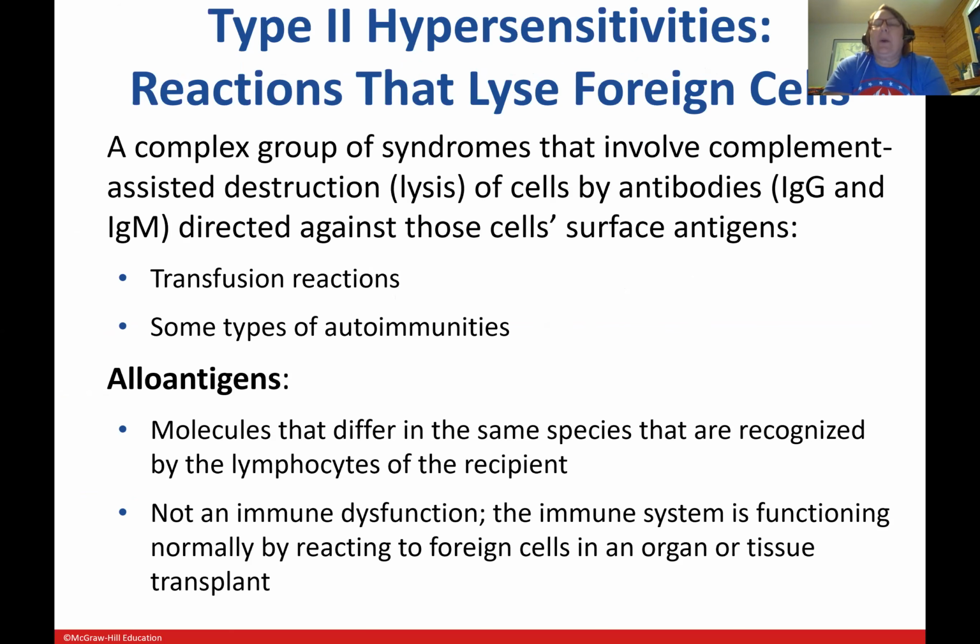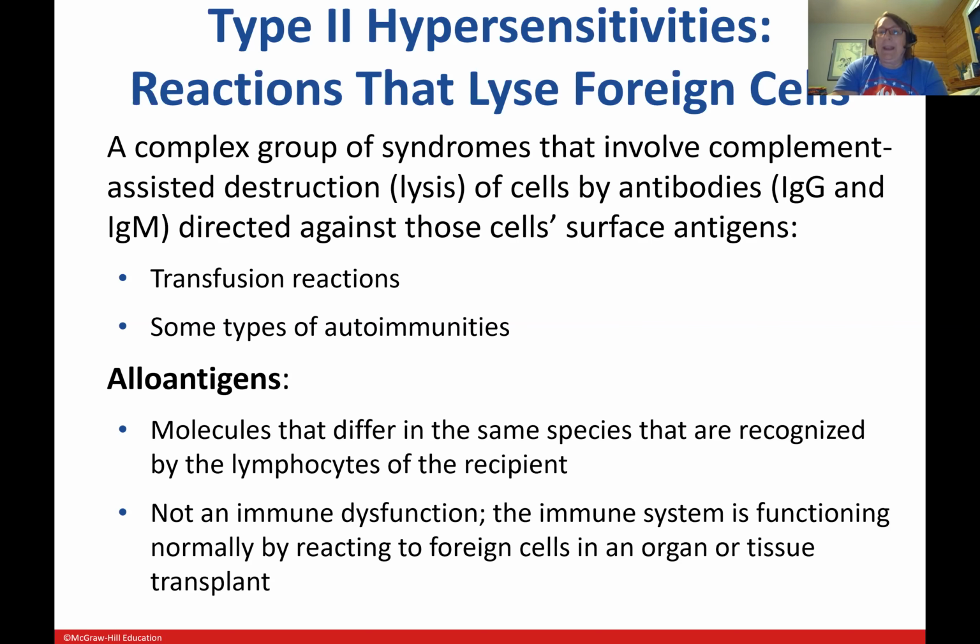Okay, so in this particular type of immune overreaction, we have a reaction that is lysing foreign cells. So basically, cells are killed by IgG and IgM antibodies that are directed against the surface antigens of those cells.